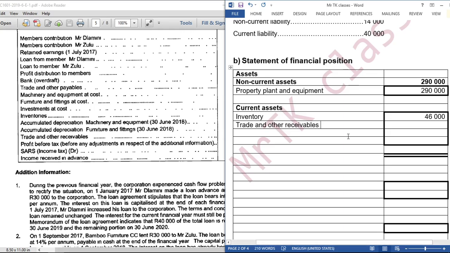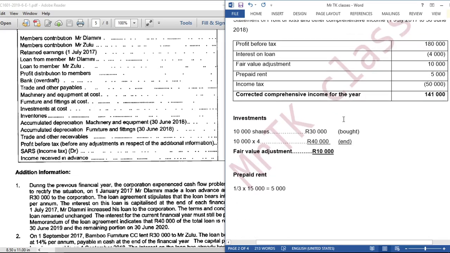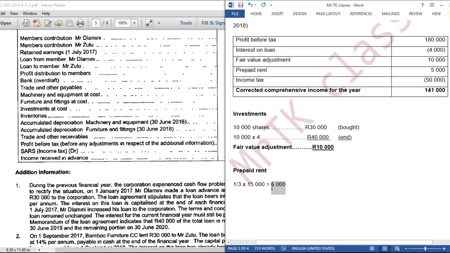Let me just open bracket, 35,000 plus, because remember we calculated the prepaid rent expense of 5,000. If you pay rent in advance, that amount of 5,000 is our money because we have paid in advance.